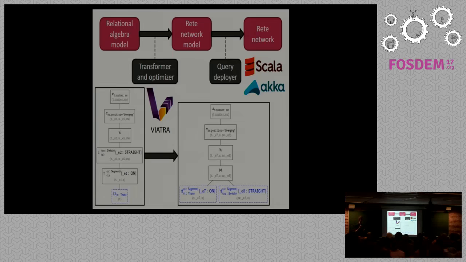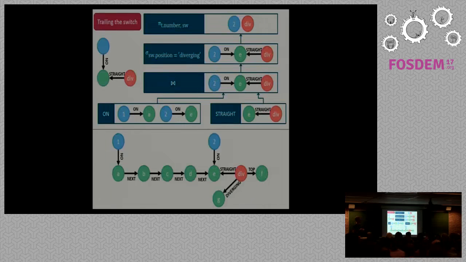So why do we use these technologies? Well, if we revisit our slide on the train benchmark switch constraint, we find that the Rete nodes that perform the computation can be thought of as actors in the actor programming paradigm. And actually, this model lends itself very well to the actor programming paradigm, because you can think of the propagation of the tuples in the network as asynchronous messages, and this works pretty well in practice.